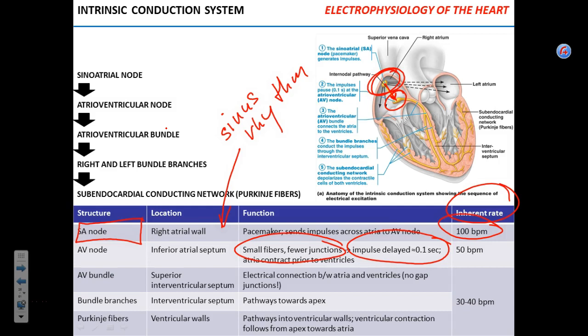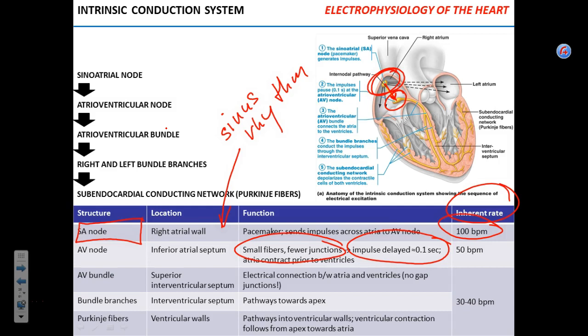Then signal reaches very fast, reaches AV node, and gets delayed there, which allows atria to contract before signal gets to the ventricles. Does that make sense? So your heart essentially, if this is atria and this is ventricle, contracts like this. Okay, atria first, ventricle second. Does that make sense?